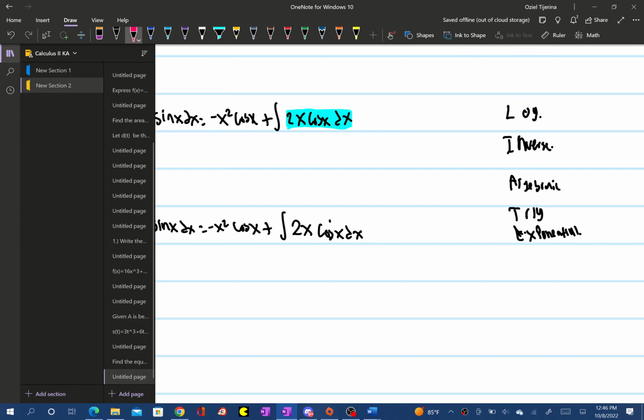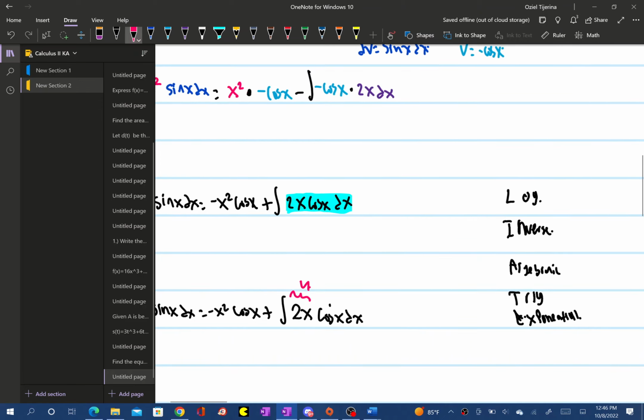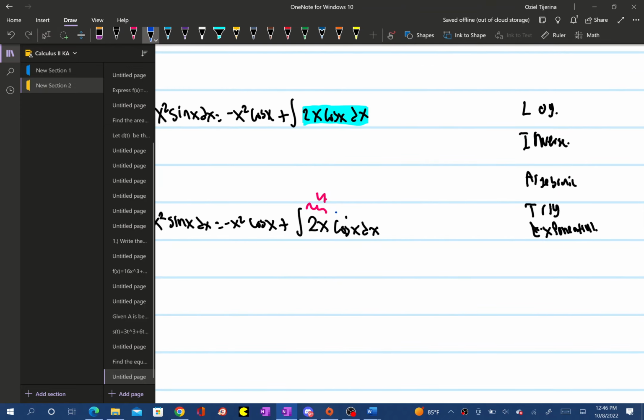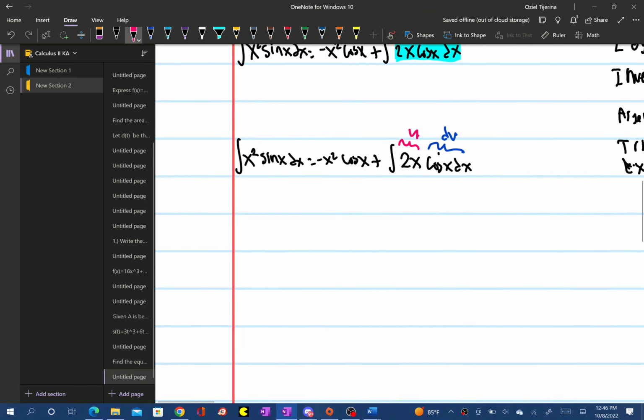So u can be 2x, and then dv can be cosine x dx. Let me just rewrite it very quickly. The integral of x squared sine x dx equals negative x squared cosine x plus the integral of 2x cosine x dx.